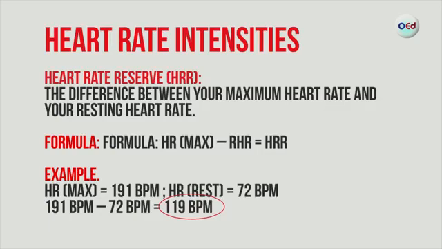Here's an example for you to better understand this heart rate intensity. Try computing along using your own heart rate measurements. Example: if your maximal heart rate is 191 beats per minute and your resting heart rate is 72 beats per minute, translating it to the formula above, your solution and answer would now be 191 beats per minute minus 72 beats per minute, which is equal to 119 beats per minute.